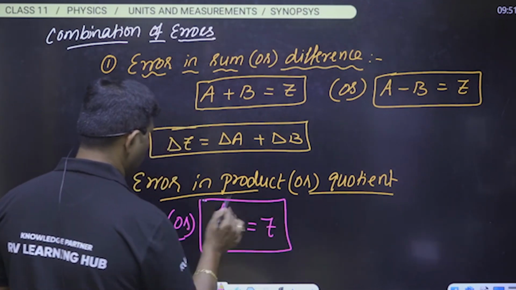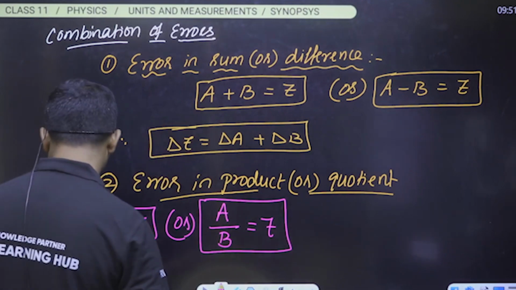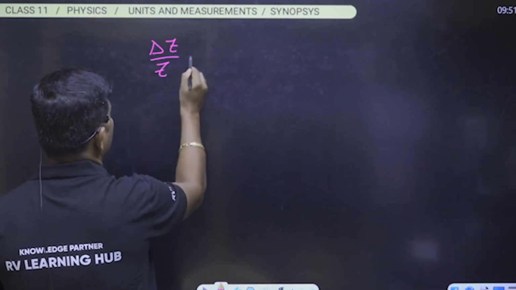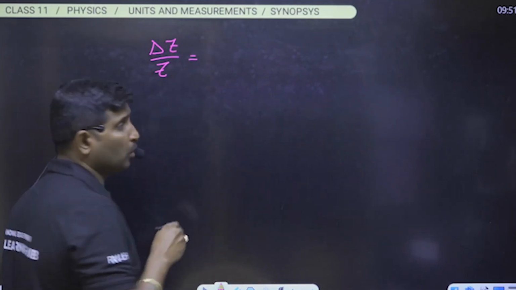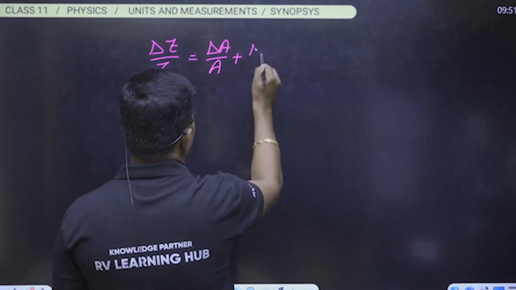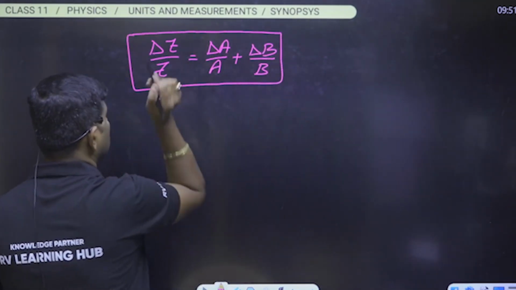Whether the two quantities are multiplied or divided, we get delta z by z, the relative error, which is always equal to delta a by a plus delta b by b.